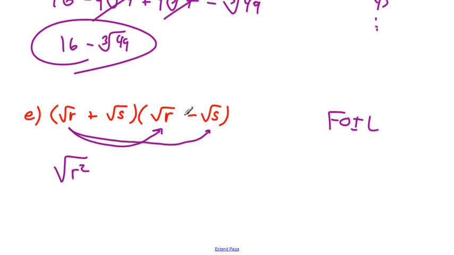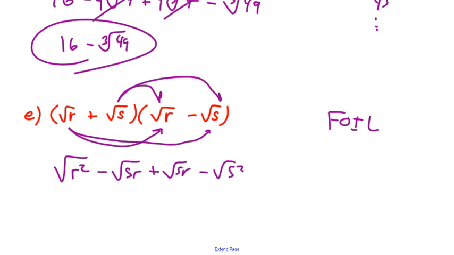So radical r times a negative radical s. That's a minus radical rs or sr. I mean, it doesn't matter which one you put first there. Let's do the I. So radical s times r is plus radical sr. And lastly, radical s times a negative radical s is negative radical s squared.